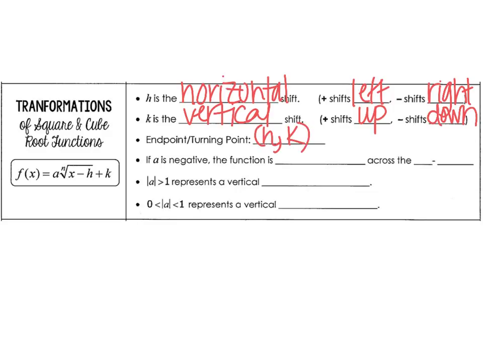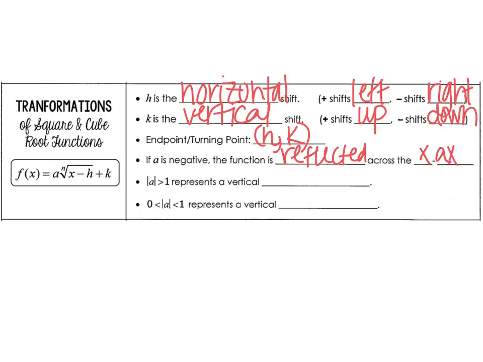So just like that's our vertex, right? When we were talking about vertex form of a quadratic function, when we're talking about square root and cube root functions, that vertex is our end point or our turning point. If the a is negative, the function is reflected across the x-axis.